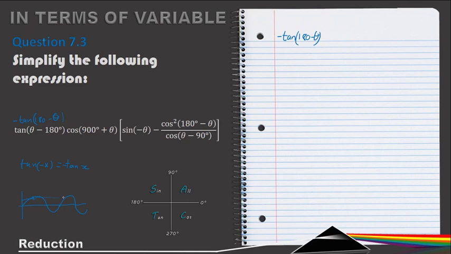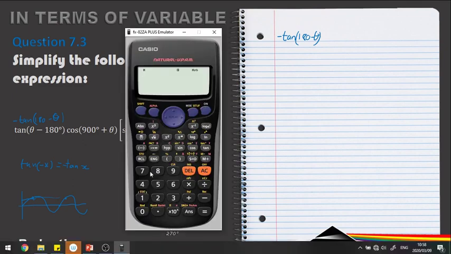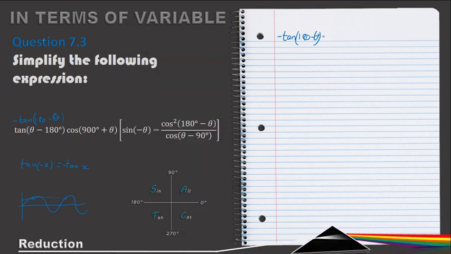So if I put that into the calculator and I say 900, and I just keep on subtracting 360 until I get to something that's less than 360. So this is 540 and minus another 360, then 180. So instead of 900, I can use 180. So I'll say that is then cos of 180 degrees plus theta.